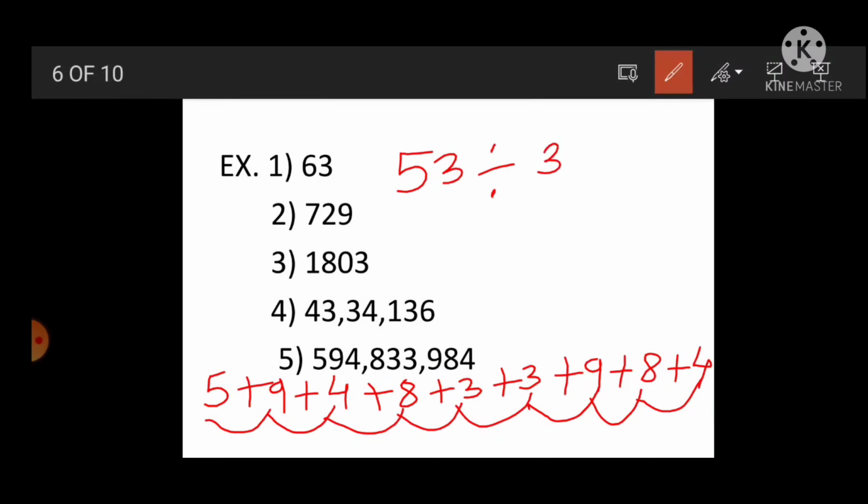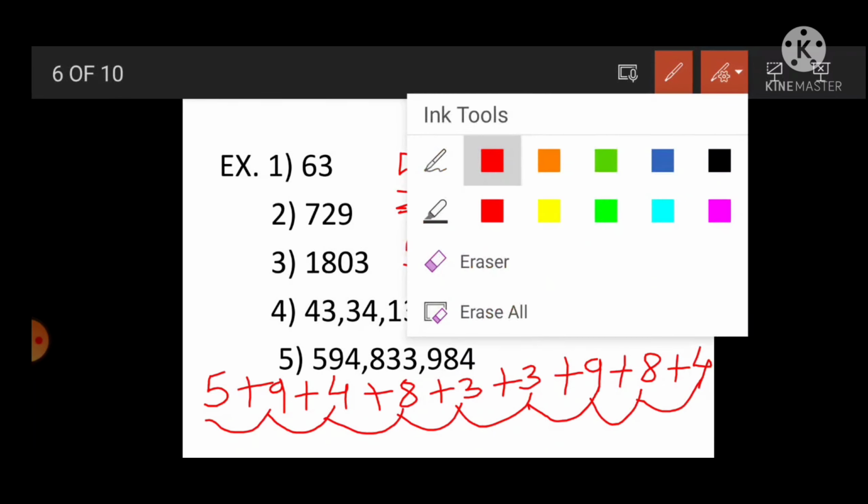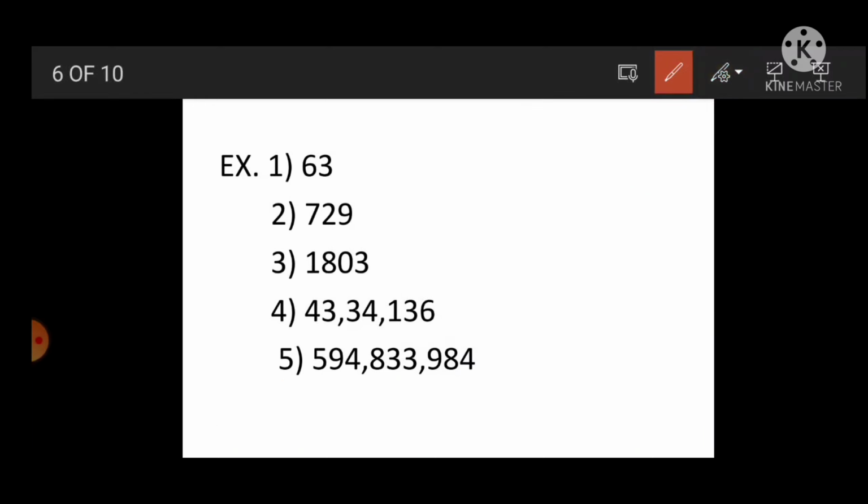by 3? We have to check here, and as I told you before, 5 plus 3, what answer comes? A 2 digit answer comes. Again add these 2 digits. 5 plus 3 is 8, and is 8 divisible by 3? No. Why? 8 divided by 3, what will be the answer?